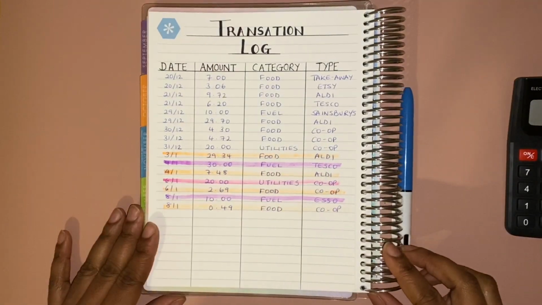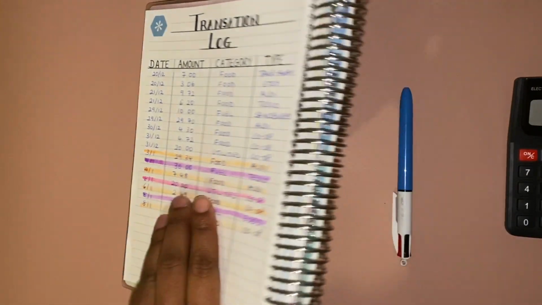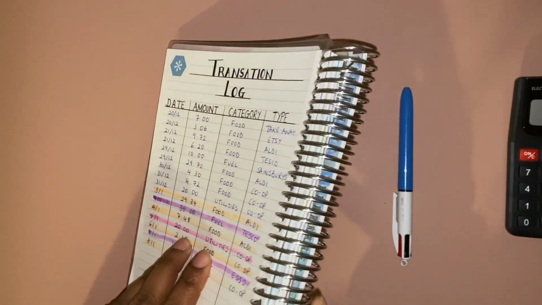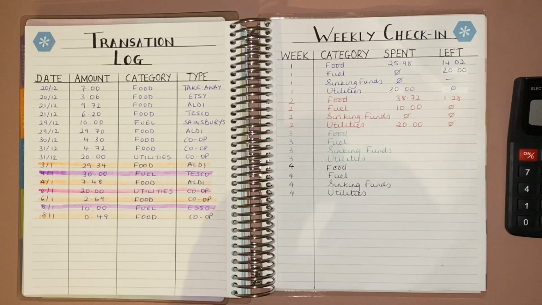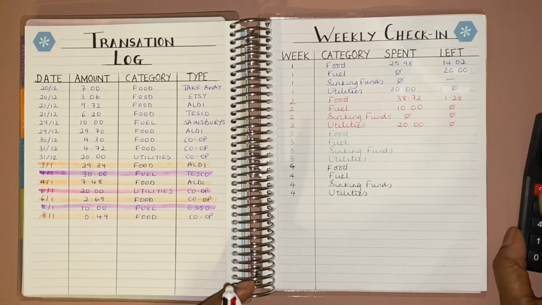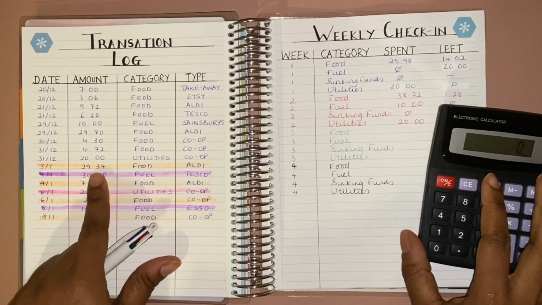And then what I do with that information is I transfer it into my weekly check-in, which is just on the opposite page. I will tally each category up. I'll start with my food envelope.